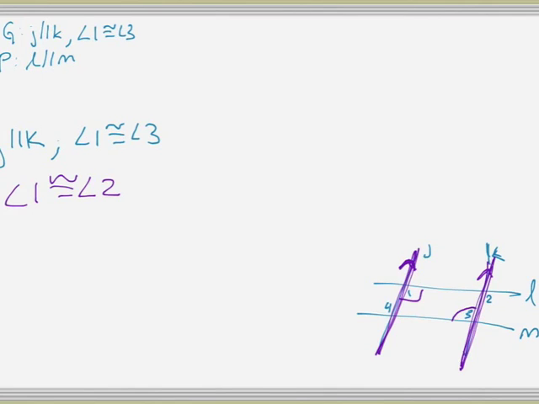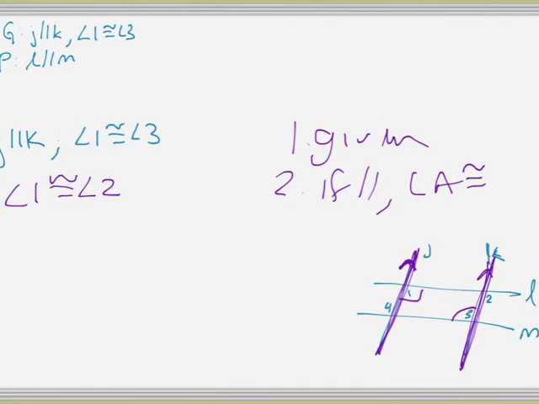At least we don't know that they are yet. So we need to be careful that when we say that 2 angles are the same, that the lines that are making them are actually parallel to each other. I didn't write given there. And then this one would be if parallel, what kind of angles are 1 and 2? Corresponding angles. Corresponding angles are congruent.